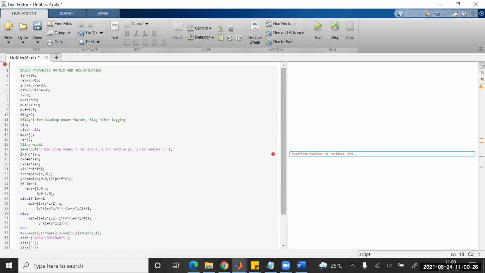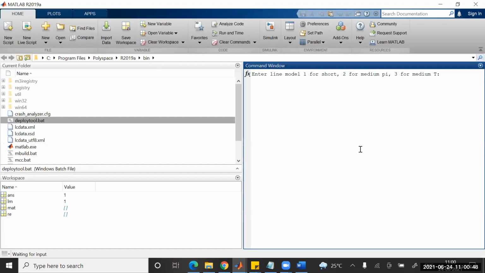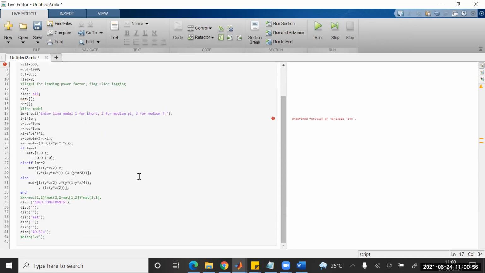It's IND only, na? Yes, let's change it with I. This one, enter. Let's see, we get this is invalid. Okay, this is not defined. Okay, this is not presently defined.